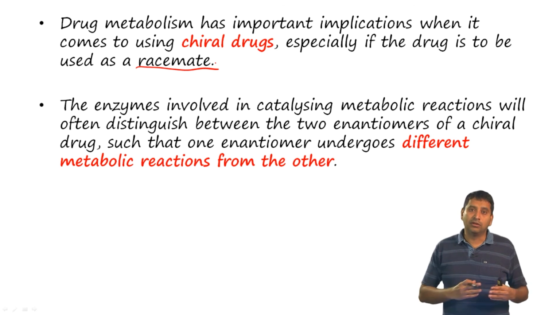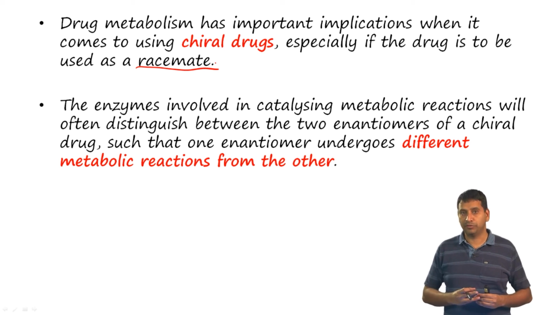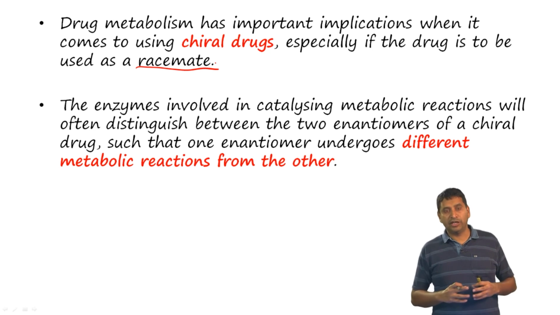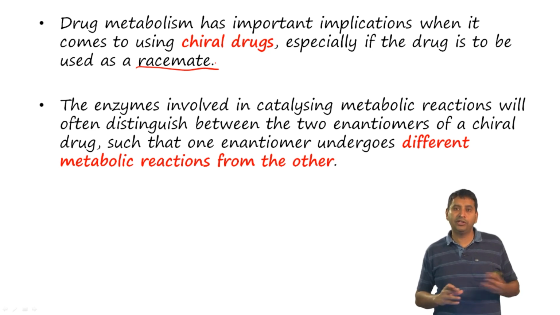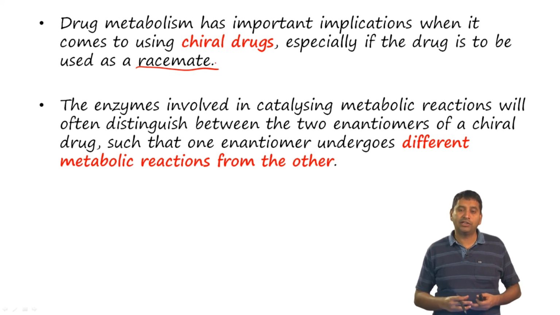So, the presence of a chiral center creates certain issues that we need to deal with in detail in drug metabolism. So, the enzymes involved in catalyzing metabolic reactions will also distinguish between these two enantiomers, right. So, it is possible that one enantiomer interacts in a way that is very different from the other enantiomer, and not just that, it may give you completely different metabolites as well.